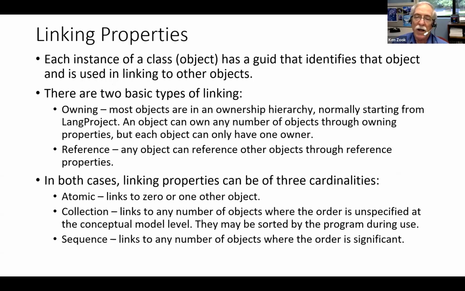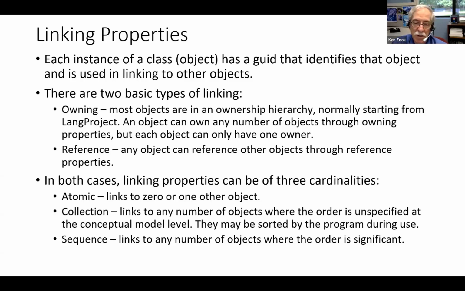Each instance of a class has a GUID that identifies that object and is used in linking to other objects. There are two basic types of linking. We have owning links, where most objects are in an ownership hierarchy, normally starting from LangProject. An object can own any number of objects through owning properties, but each object can only have one owner. And then you can have reference links, where any object can reference other objects through reference properties.